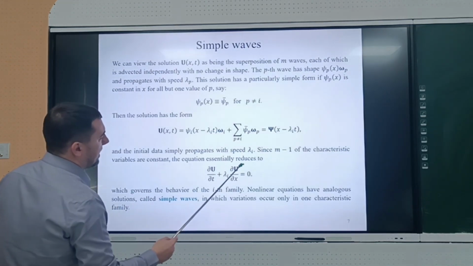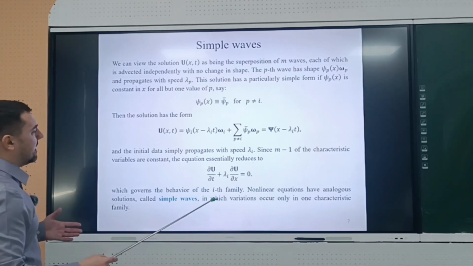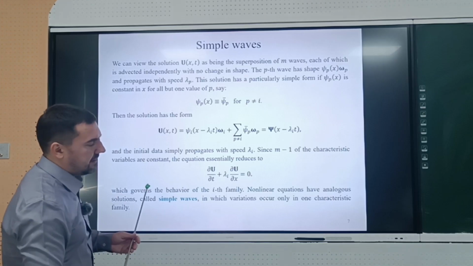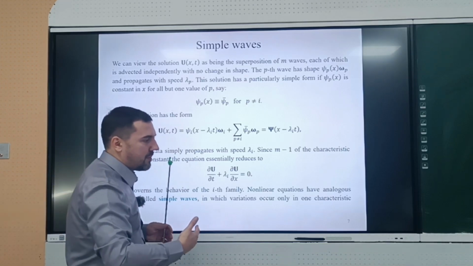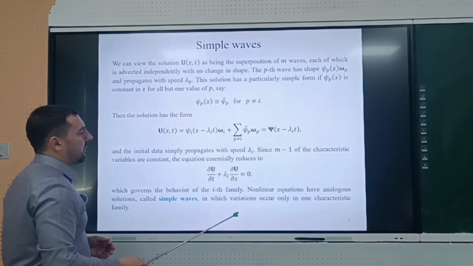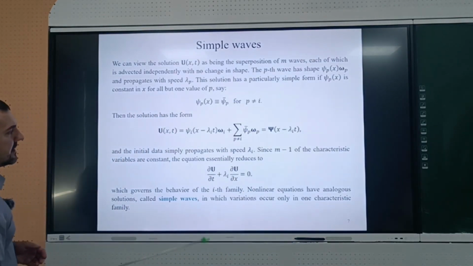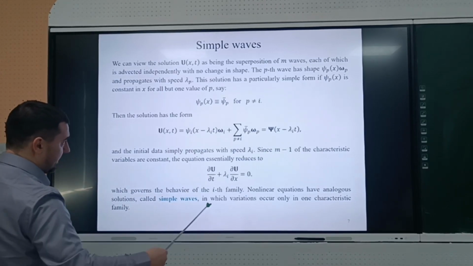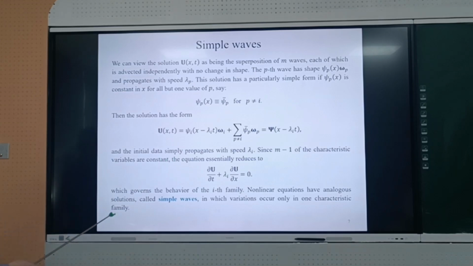So for the component which is not constant, the speed is lambda_i, and the solution of our problem is the propagation of the whole vector psi with this speed lambda_i. Since m minus 1 of the characteristic variables are constant, the equation essentially reduces to this one.